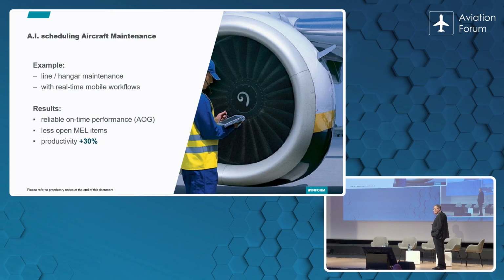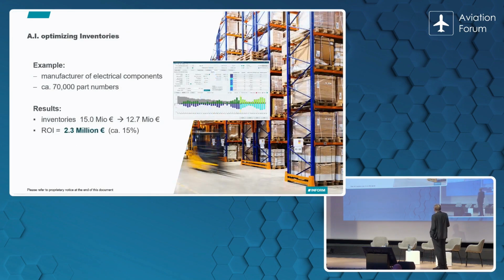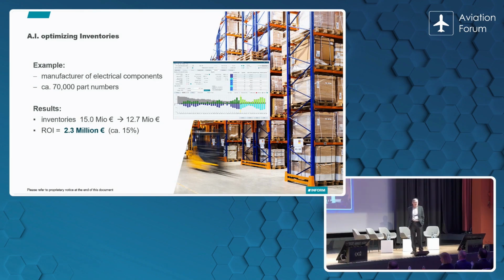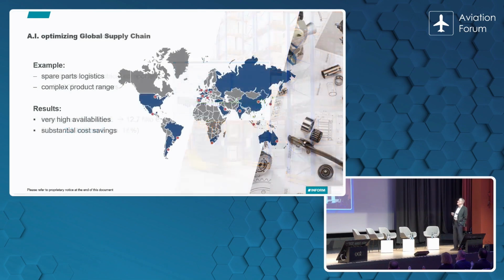Aircraft maintenance: many big airlines are using our technology to improve the reliability of their aircraft maintenance. Optimizing inventories, you get a direct return on investment. You invest maybe something like 200,000 euros and you immediately get 2.5 million back from reducing your inventory while even increasing your availability of materials.